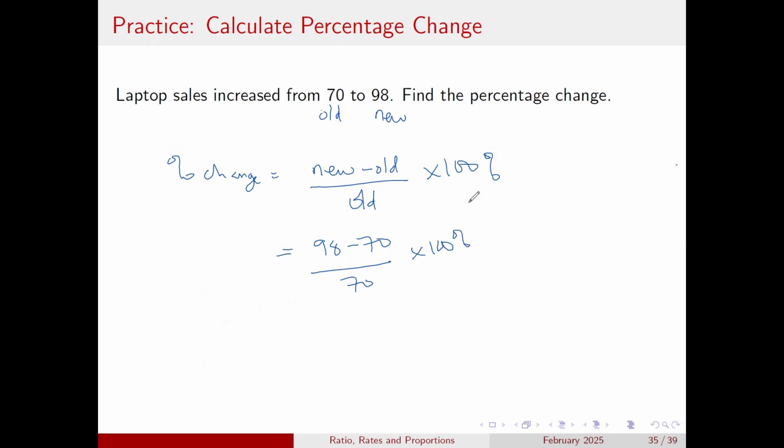So we have 98 minus 70, which is 28, divided by 70 times 100%. Now 28 divided by 70 is 0.4 times 100 is 40. So we have 40%. Therefore, the percentage change of laptop sales increasing from 70 to 98 is 40%.